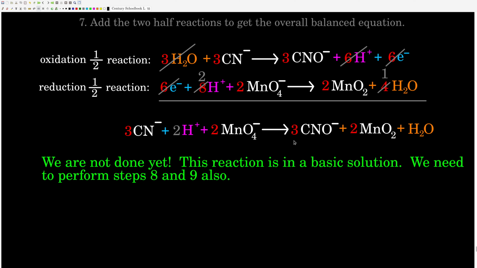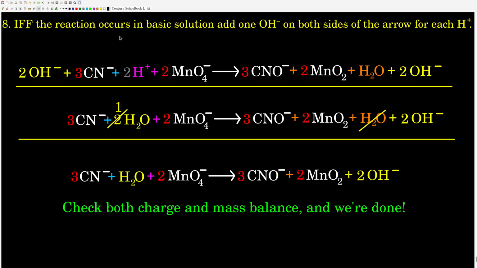Now, we're not done now because we still have to do steps 8 and 9, add the hydroxides and cancel waters. So let's see what that looks like. So this is actually steps 8 and 9 combined. So we're going to add, for every hydrogen ion we have in this balanced equation, 1 hydroxide to both sides of the arrow.